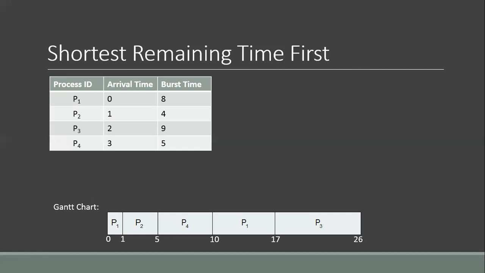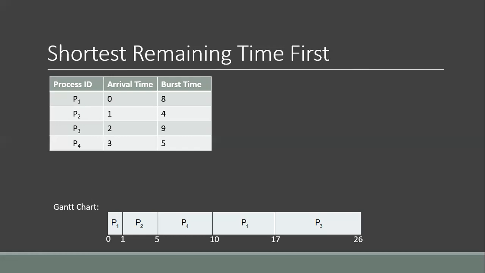Its total burst time was 8 milliseconds. At time 1, it has completed 1 millisecond. So the remaining burst length for process P1 will be 7. So we will compare 4 with 7. Obviously, 4 is smaller than 7. So process P2 will be selected for execution on the CPU.